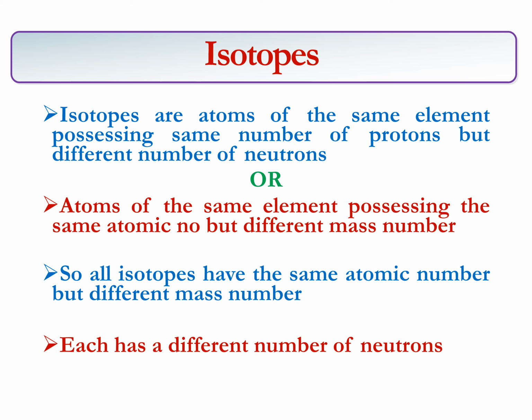What this means is that isotopes are atoms of the same element that have the same atomic number but different mass number. So all isotopes have the same atomic number but different mass number, which means each isotope has a different number of neutrons.